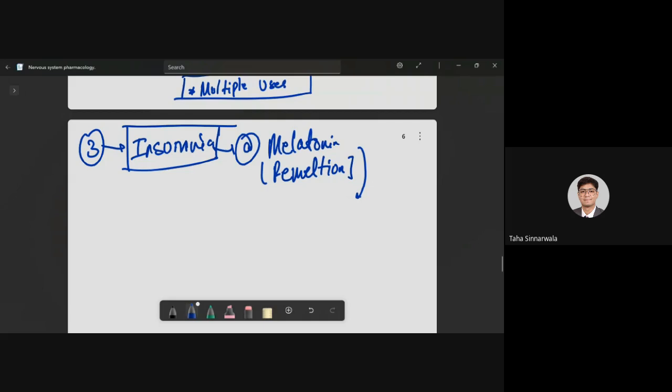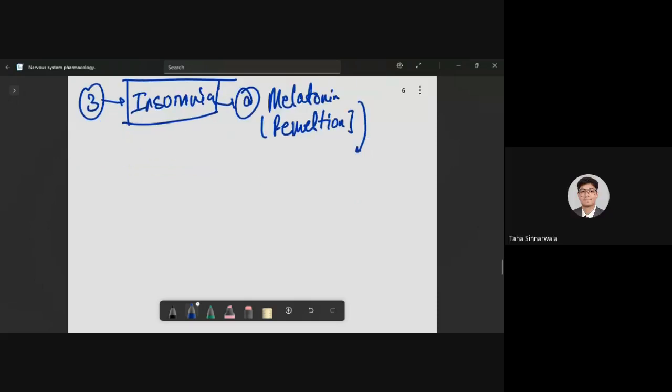And where is the circadian cycle located? Which part of the hypothalamus is the circadian cycle influenced by? Yes, the suprachiasmatic nucleus. Perfect.